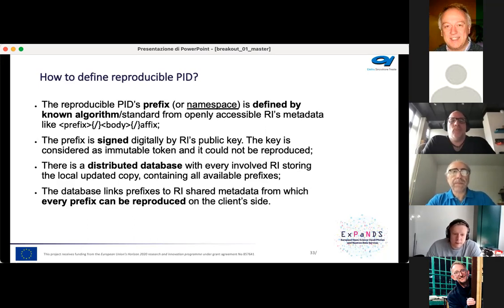But the most essential thing we would have to implement for reproducible PIDs is a distributed database in which every involved research infrastructure stores the locally updated and locally reproducible copy of the available prefix and metadata. And having this database, we have redundancy on the client side. So next slide, please.